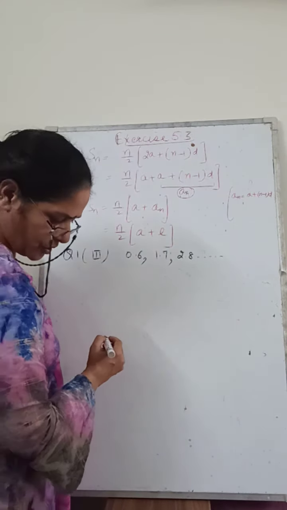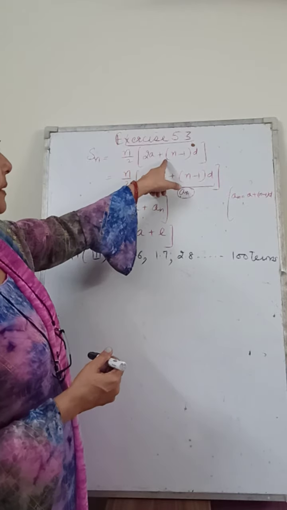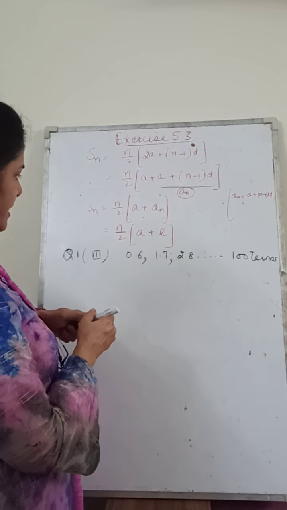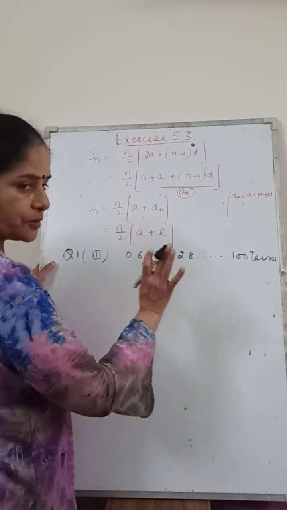Sum means you have to find Sn. Now for finding Sn, you know n by 2 into 2a plus n minus 1 into d. We will use this formula.